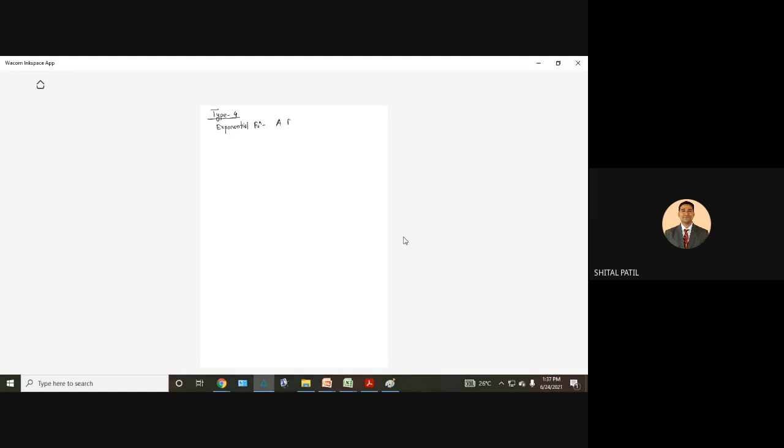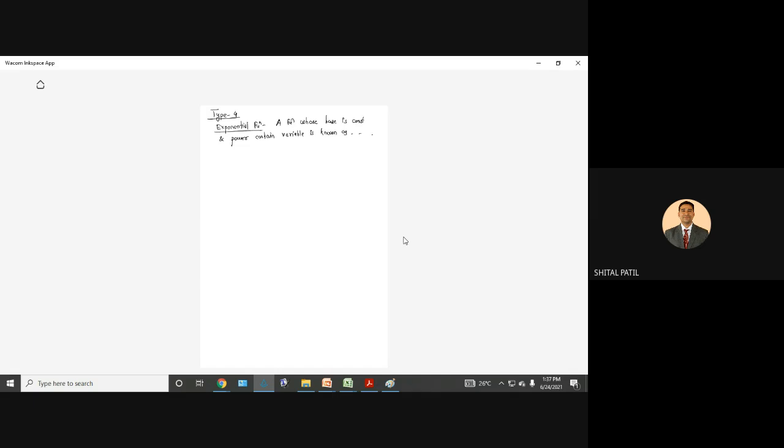A function whose base is constant and power contains a variable is known as an exponential function. What is the exponential function?